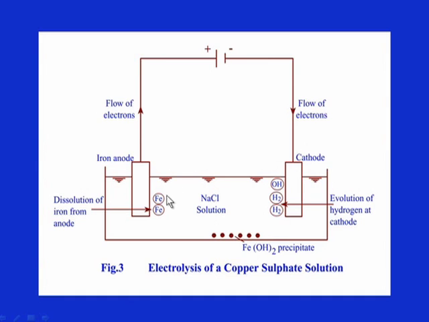However, in the solution there is a flow of ions, that is the iron from this anode goes into the solution in the form of ions and they react with this solution, forms ferric hydroxide and they get precipitated as shown in this particular figure, as you can see on the screen.